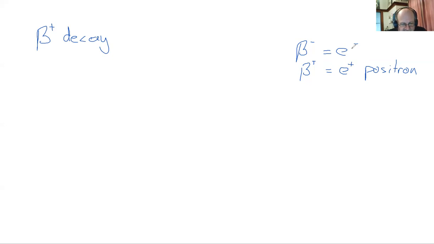And if that ever meets an electron, well, there's going to be an annihilation, lots of energy coming out. But how does this actually turn this?